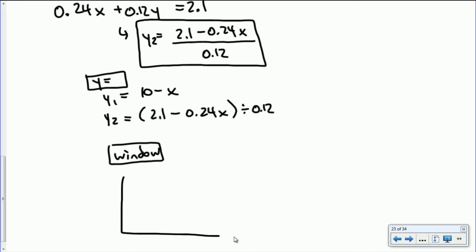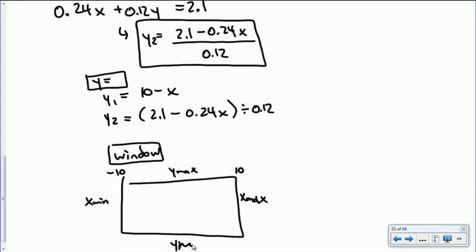So remember, x min is the furthest left your graph goes, x max is the furthest right it goes. By default, it's between -10 and +10, and y max and y min also go between -10 and 10. So you may have to adjust those.